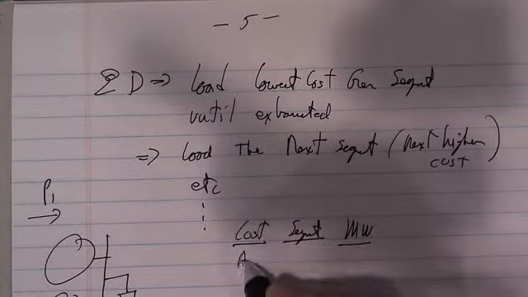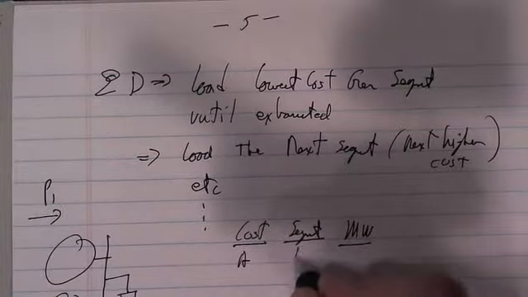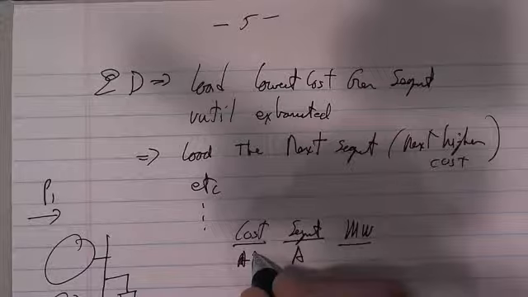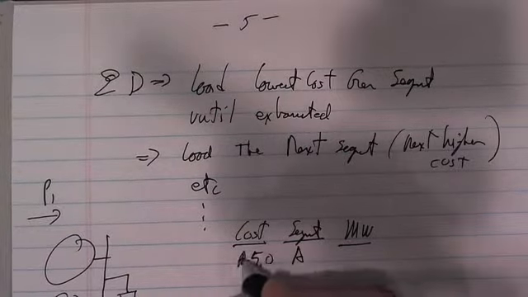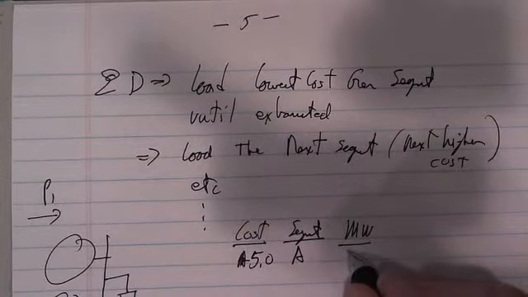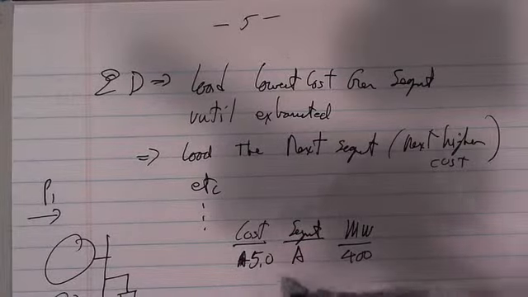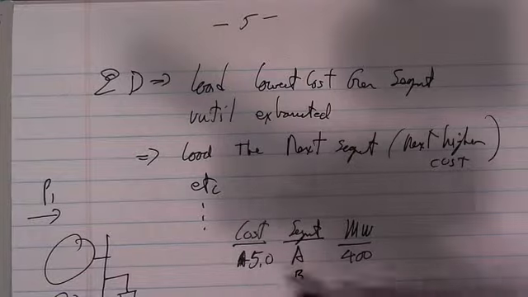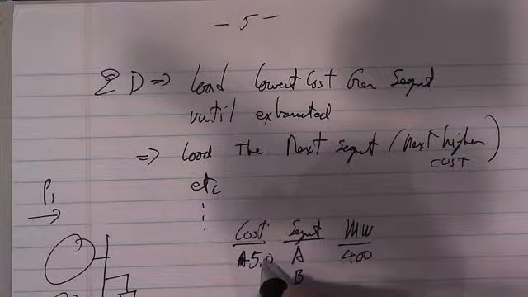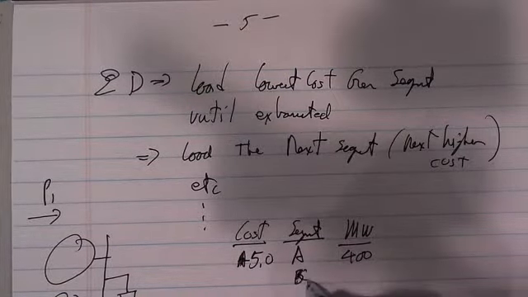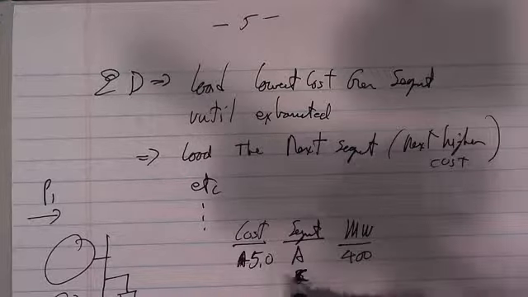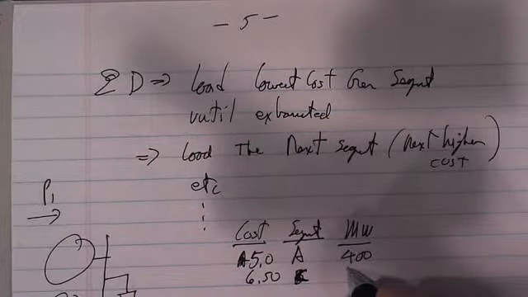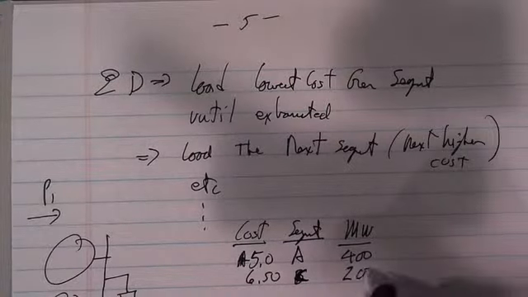So this is A, and it's a cost of 5.0, and it can go up to 400 megawatts. The next in order is not B, it's C. C is 6.50, and it has a capacity of 200.